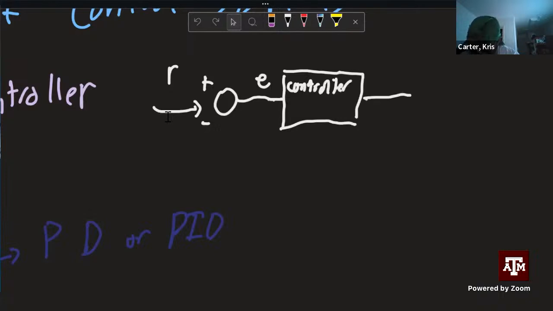The controller puts out some type of U, a signal or an output. I mean an input, not output, input.